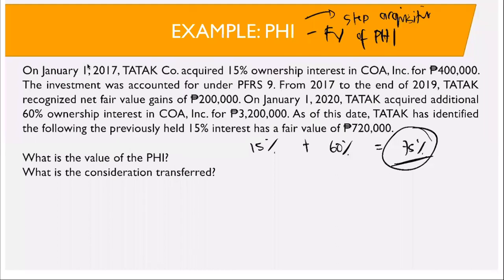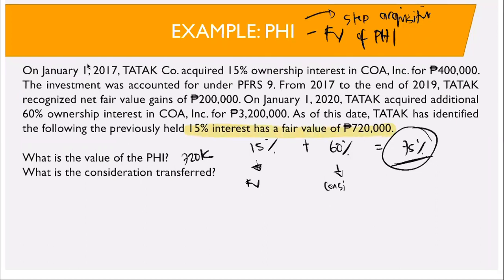So what do we do? This previously held interest should be measured at fair value, and the 60% should be measured at its consideration. So what is the value of the previously held interest, fair value? So the 15% has a fair value of 720. So our answer here is 720,000.